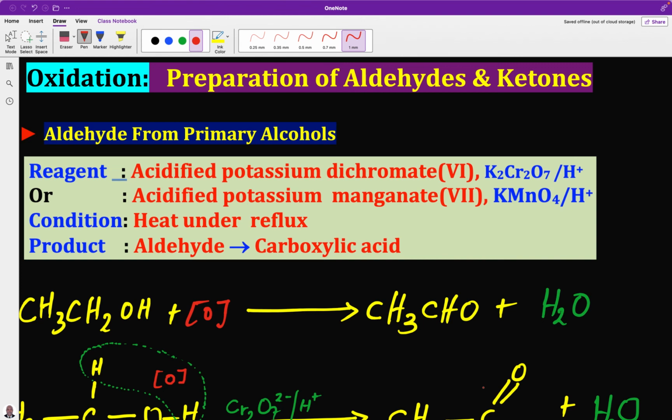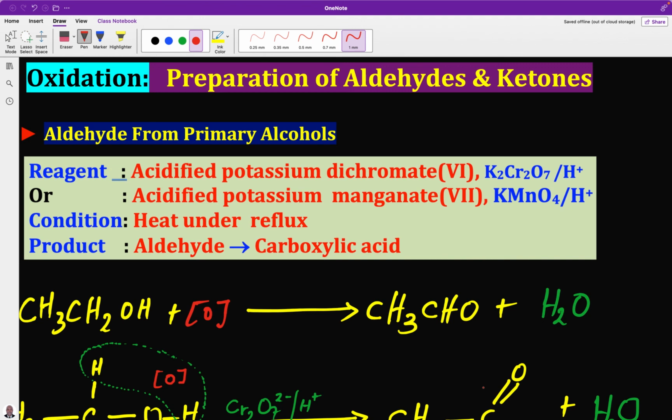We said preparation of aldehydes and ketones using oxidation. Aldehydes can be prepared from primary alcohol using a suitable reagent such as acidified potassium dichromate(VI) solution, or acidified potassium manganate(VII) solution.